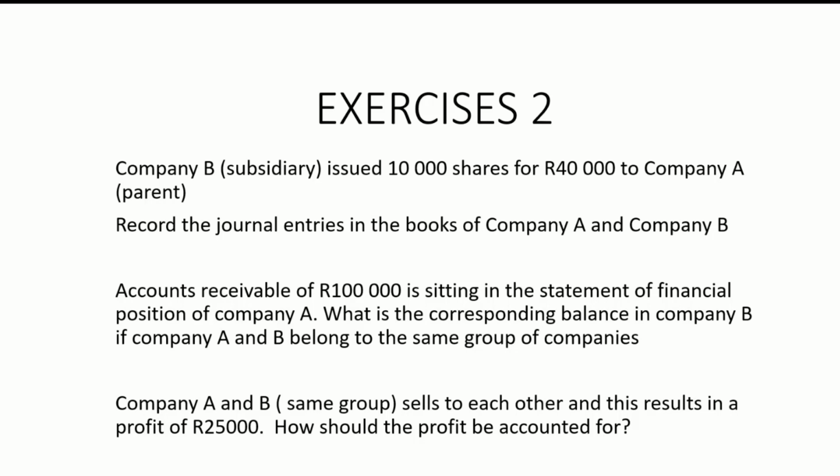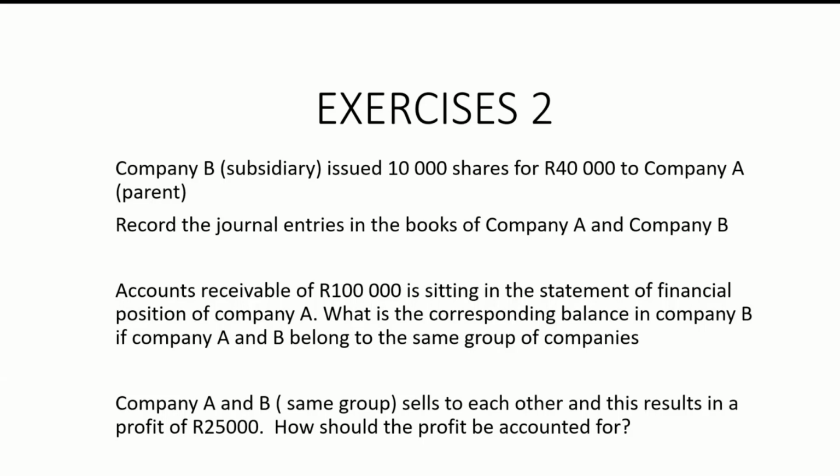Record the journal entries in the books of Company A and Company B. Let's start with Company B. How would the subsidiary record this issue of shares in their own financial statements? Remember, Company B is recording this in their own financial statements. What is the journal entry for Company B, being the subsidiary that issued the shares?